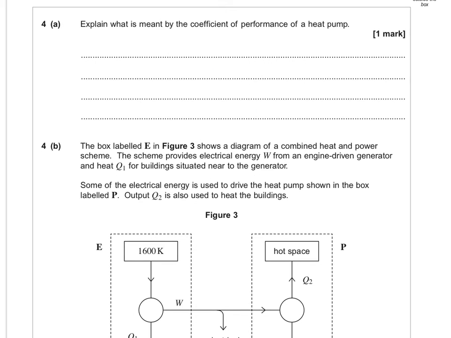Okay, so question 4, moving on to look at heat engines. What is meant by the coefficient of performance of a heat pump? Well, let's write it in symbol form and then we'll explain what it means. So it's the heat delivered to the hot space divided by the work in.